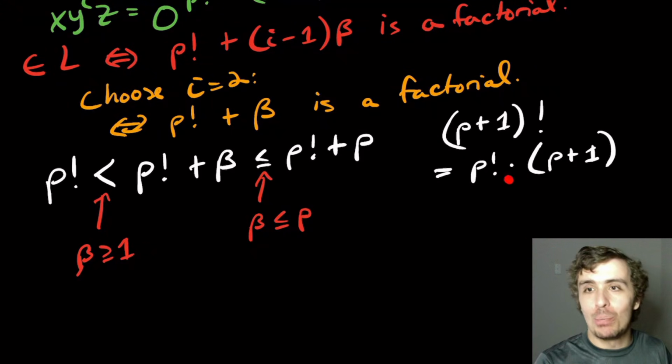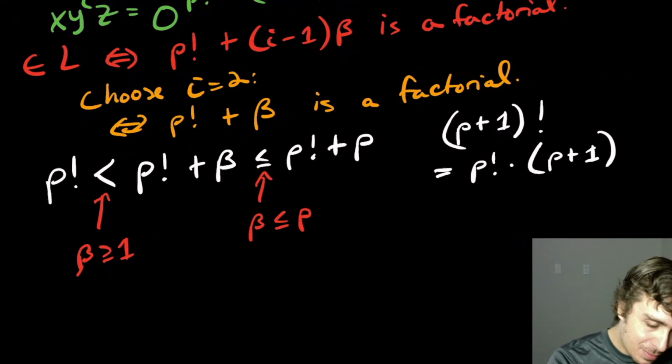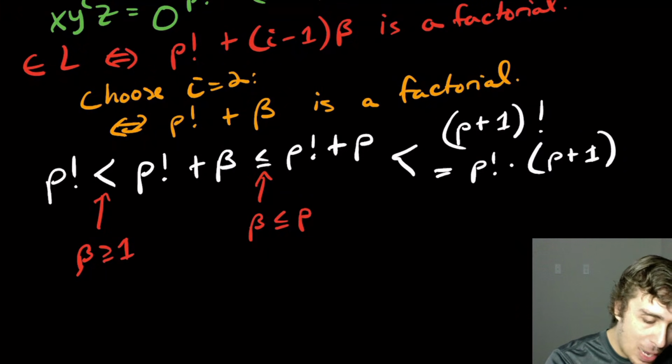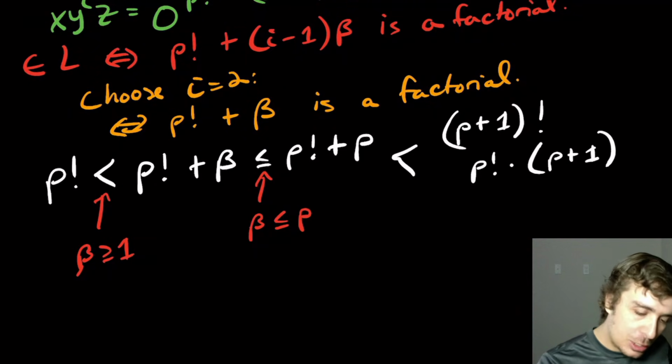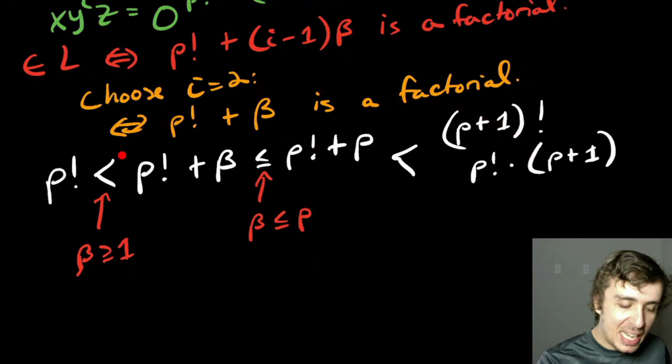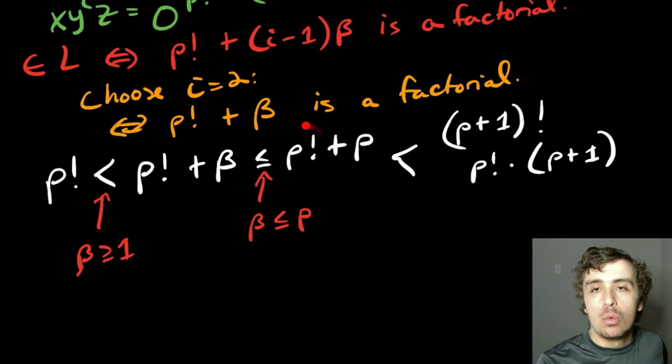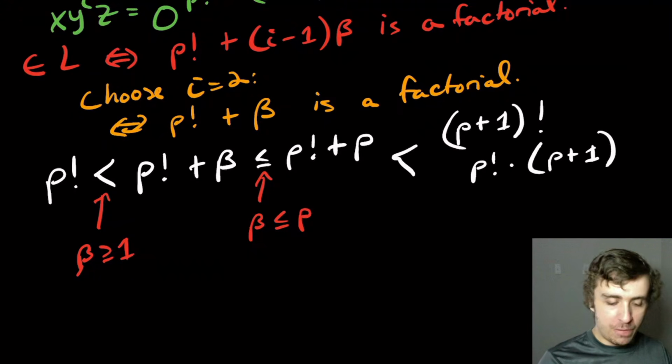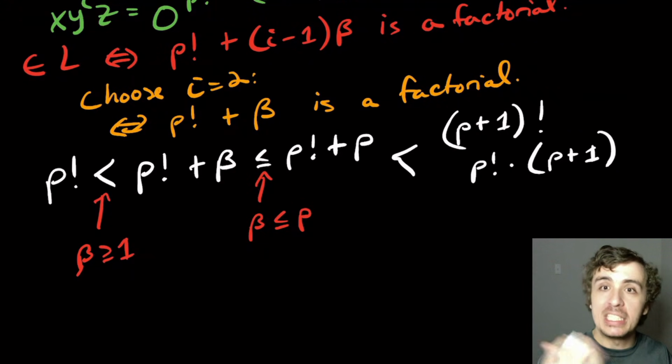So these two are consecutive factorial numbers, and the length is strictly in between them. So this length cannot possibly be a factorial because it lies between two consecutive factorial numbers and is not equal to either one of them.